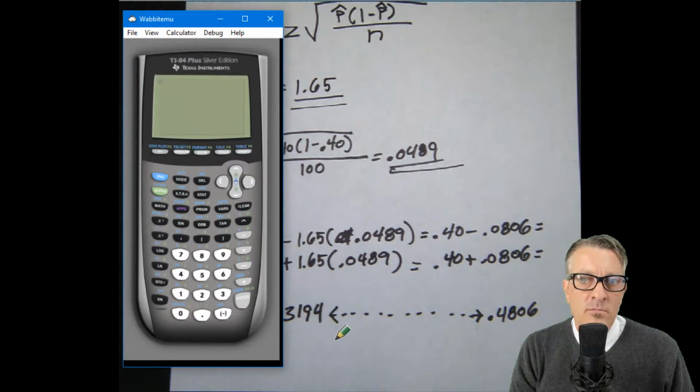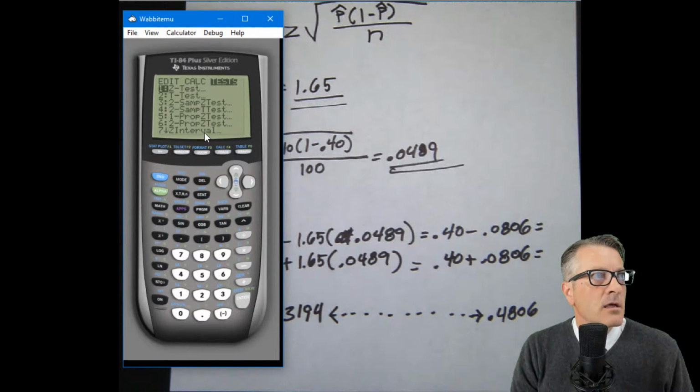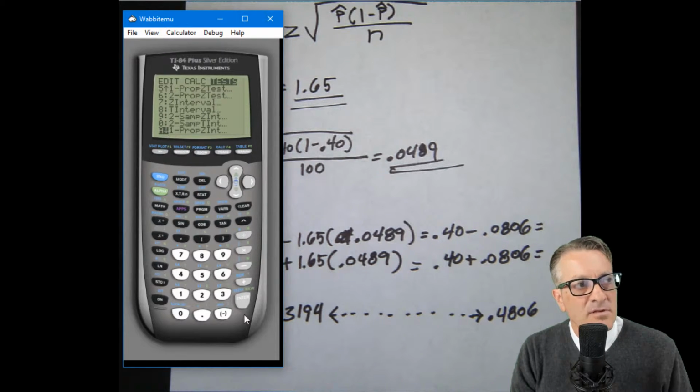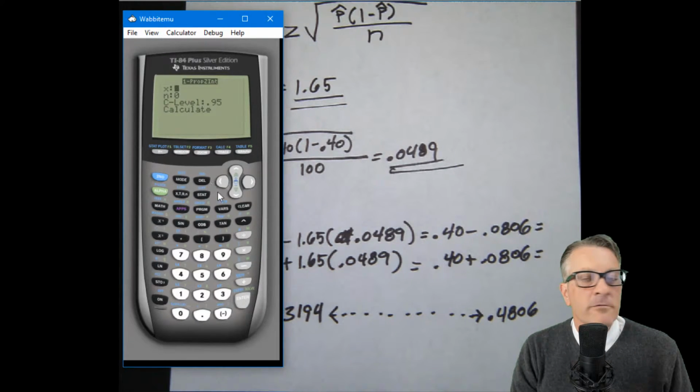Okay, we're going to use one prop z int. You go to stat, and then we go over twice to the right, and we go one prop z. So this is z test. It's down a little bit further. One prop z int. It happens to be A on this calculator, all the way down.